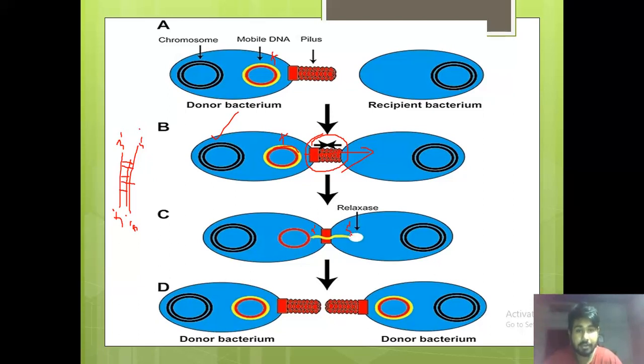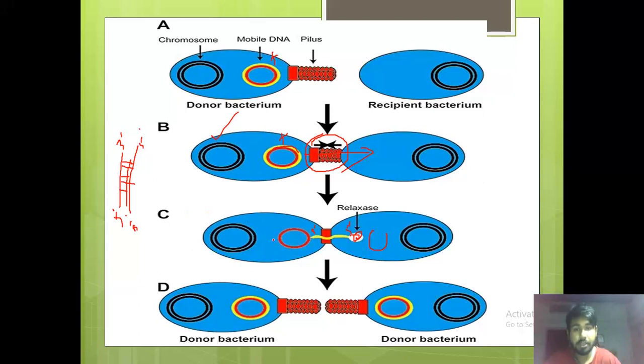Relaxase is a protein that helps in transfer through the sex pilus. This is important. The 5' to 3' strand moves here and the 3' to 5' strand stays here.